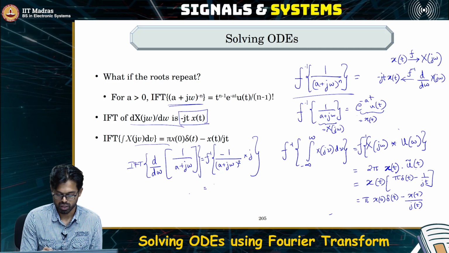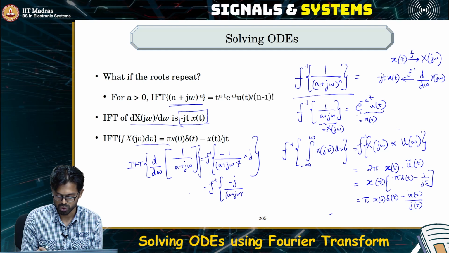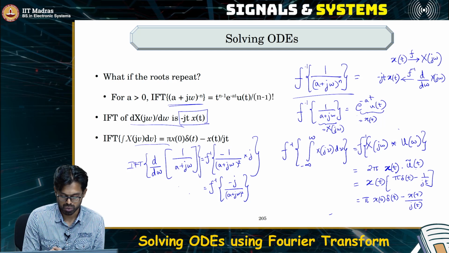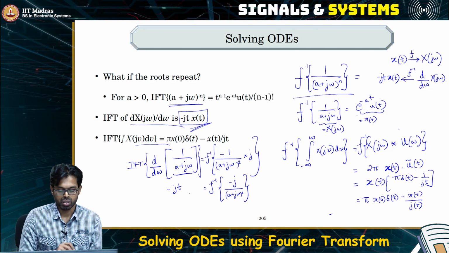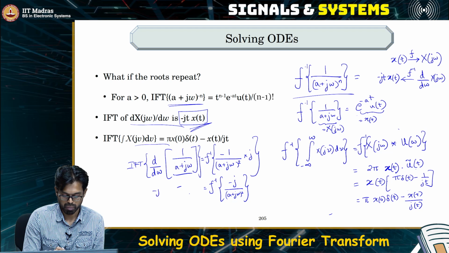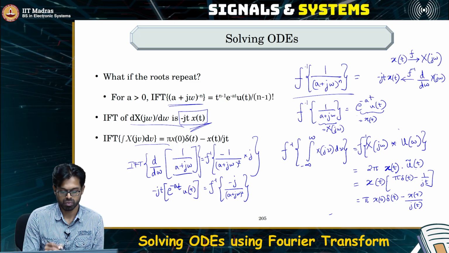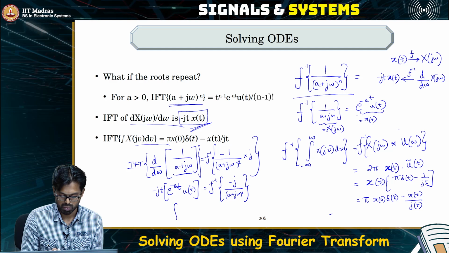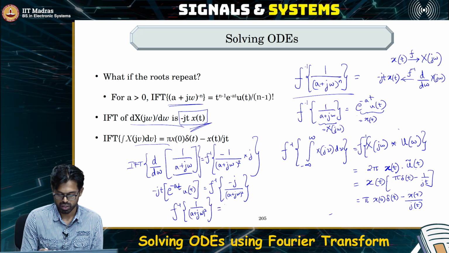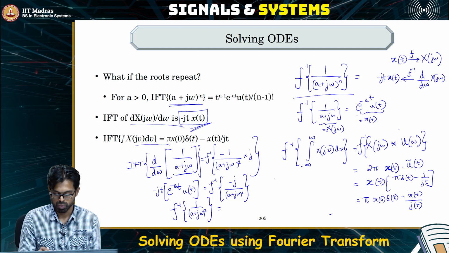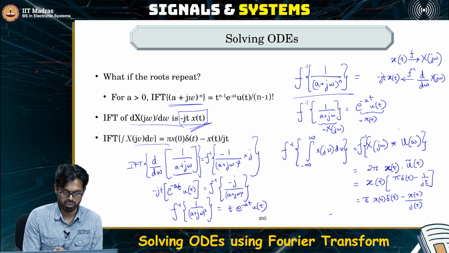So in other words, we are trying to find out the inverse Fourier transform of minus j over a plus j omega the whole square, and we already know that this is equal to minus jt times whatever is the time domain representation of 1 by a plus j omega, which is nothing but e power minus at u of t, which means the inverse Fourier transform of 1 by a plus j omega whole square is equal to, multiplying with j on both sides, we just get t times e power minus at u of t, or you can just cancel out this minus j minus j.